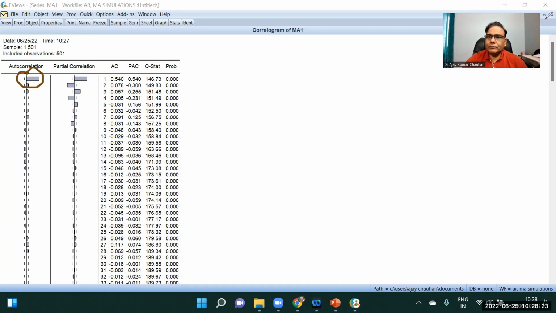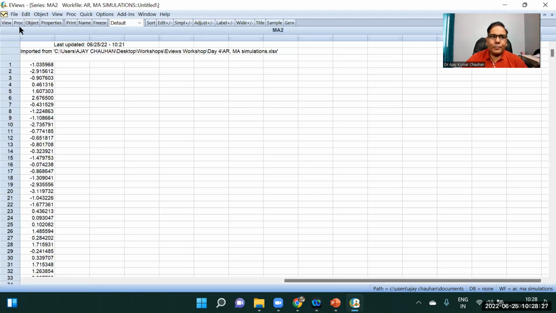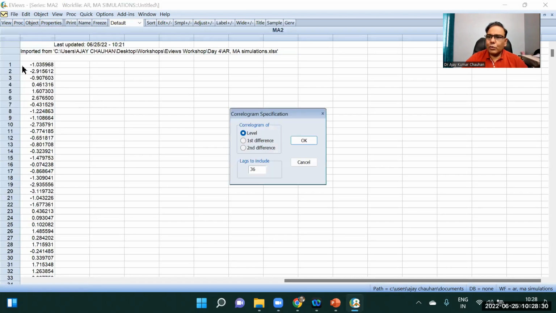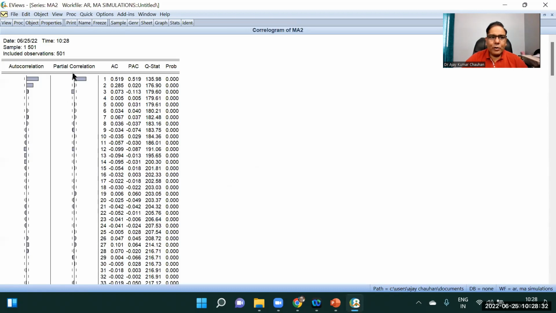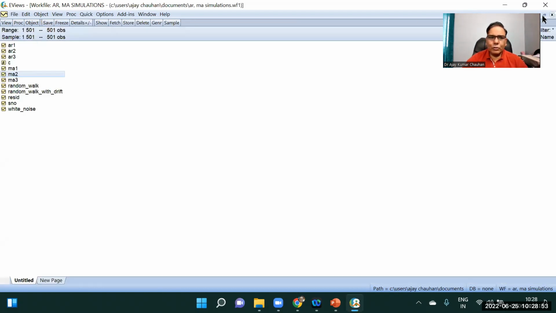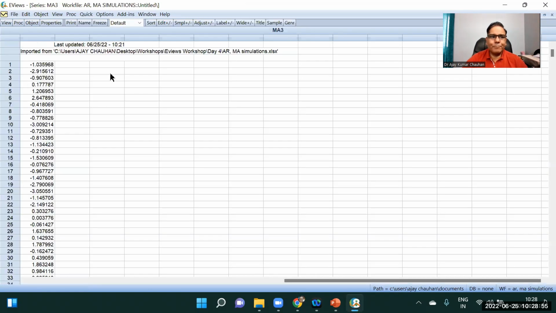Okay, now let's move to the MA2 correlogram. Now how many spikes are significant here? So this series is MA2 AR1 basically, with two terms of MA and one term of AR. So in this way, we decide how many MA and AR terms we have to include. Let me go one more, MA3 correlogram.